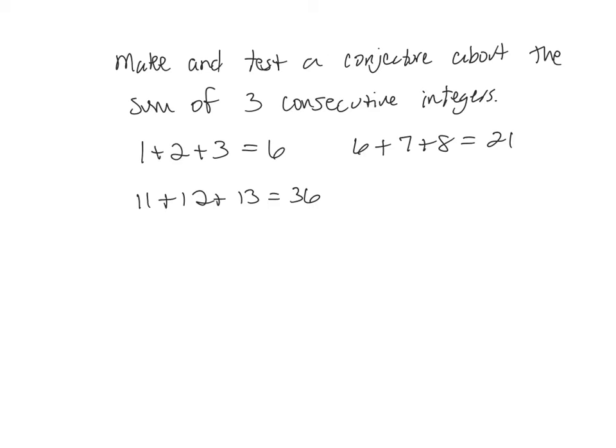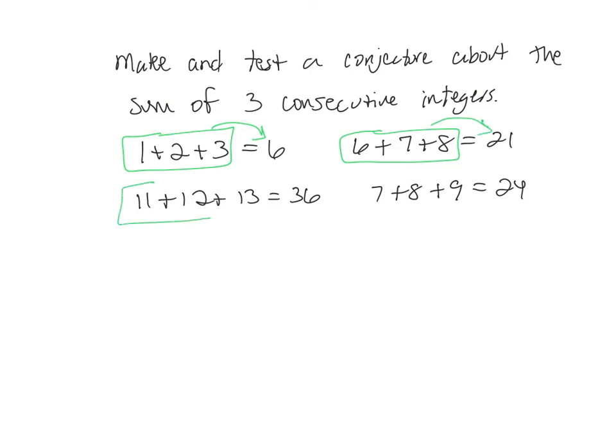So like this has 6, 7, 8. I could have 7 plus 8 plus 9. So it doesn't have to be just 3 completely different numbers. But the idea is, I've got these 3 numbers, and it said make and test a conjecture about the sum. The sum is the answer to an addition problem. So is there a way without adding the numbers together to know what the answer is going to be?